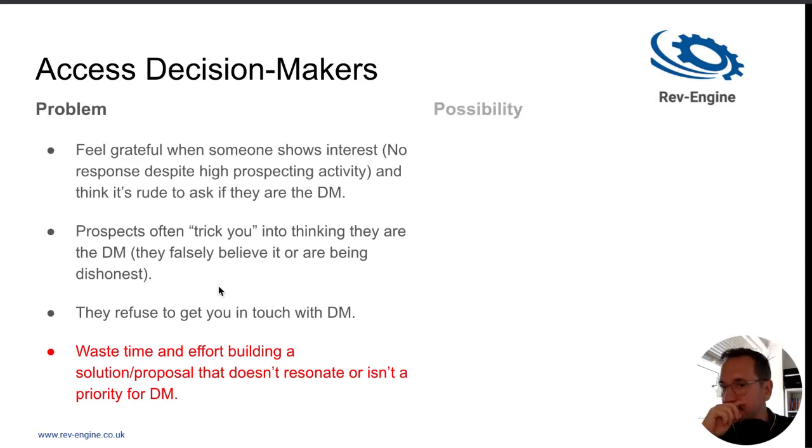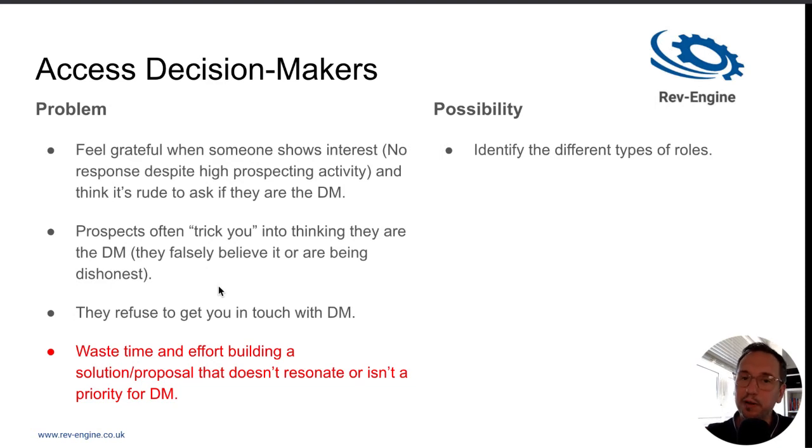So those are the problems, but there's also a possibility, right? There is a world, another side of the coin, where you know the different types of roles that there are out there. For instance, when I was selling social, I got to a point where I understood that some of the guys were in charge of engagement, so they would care about these, but then I understood that there were other people I needed to talk to: sponsors, decision makers, detractors, and whatnot.